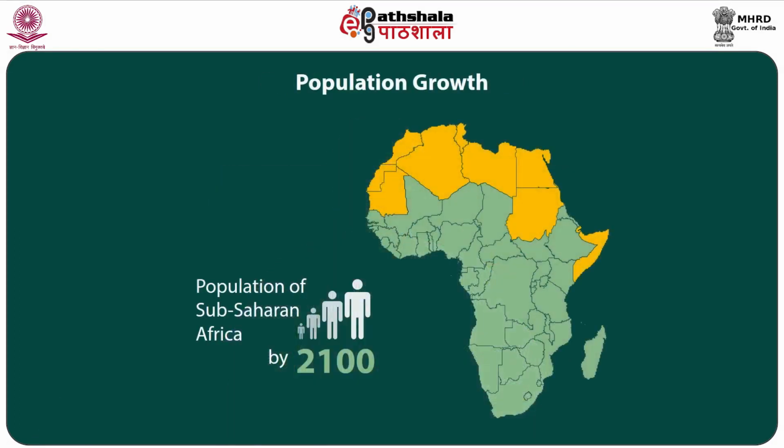When we talk about population growth, for instance, the population of sub-Saharan Africa is expected to quadruple by 2100 according to the projections given by UNFPA. The kind of increase in population is perhaps due to the less reduction or in some cases no reduction at all in fertility in some of the countries.